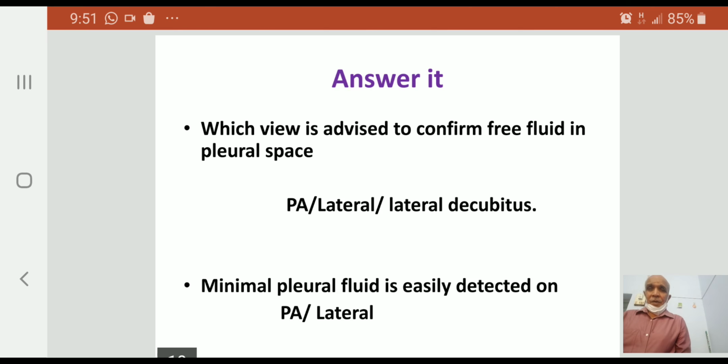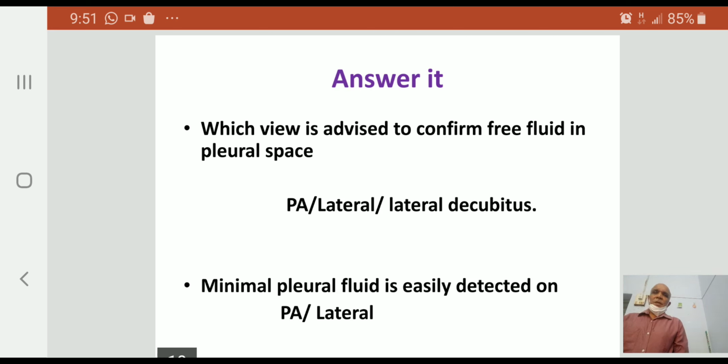PA and lateral X-rays don't give an impression of free fluid in the space. If you take the lateral decubitus view and the fluid is free, it shifts to the dependent part, so you will see the fluid at the lateral chest wall.